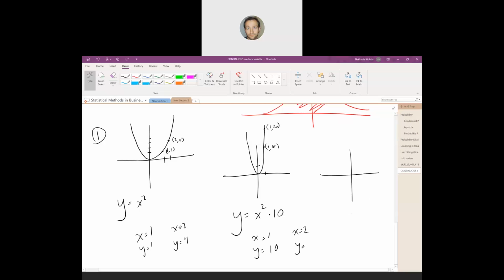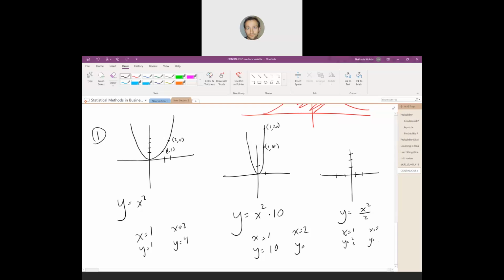Now, last question. x squared over 2. What does this graph look like? It will be more thick. More thick. Okay. When x equals 1, what would y equal? 1/2. All right, and when x equals 2, y is what? 2.